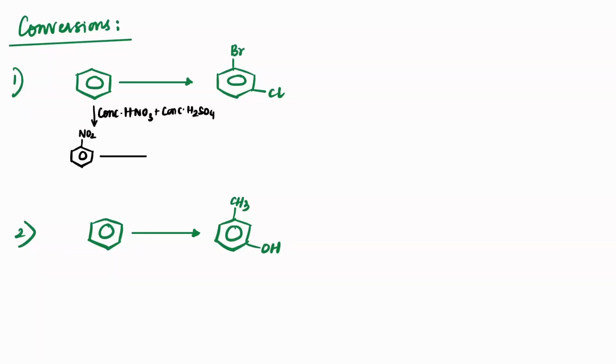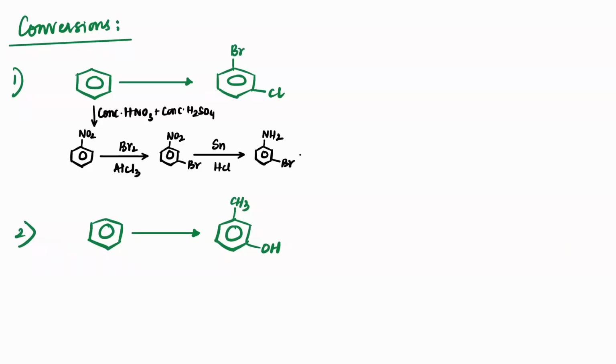When you react with Br2 in the presence of AlCl3 or Fe, it will give bromination, but at which position? Meta. Thereafter, you react with tin and HCl or iron and HCl. It will reduce this into aniline, so 3-bromoaniline.